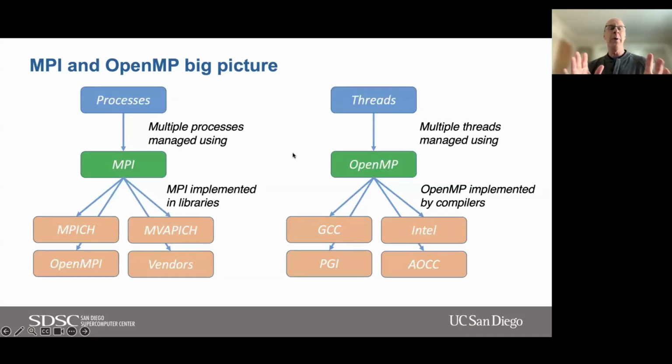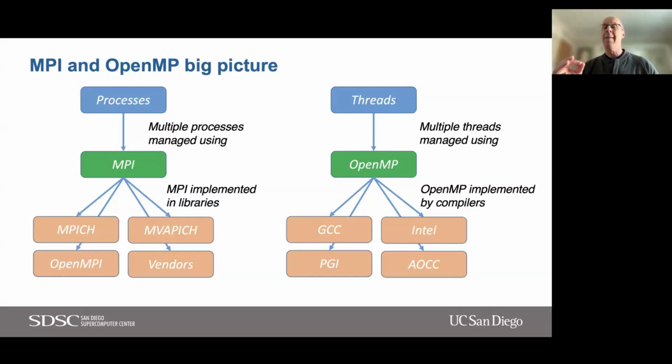Right, so when you're building an application, if you need to start with code and you're compiling it, you need to keep in mind that MPI and OpenMP work a little bit differently. So processes are managed using MPI. MPI is going to handle the communications between processes, typically multiple instances of a program, and MPI is implemented in libraries like MPICH and MVAPICH and OpenMPI and vendor implementations.